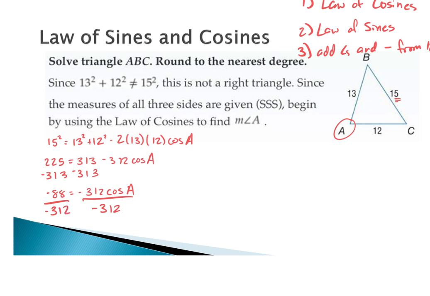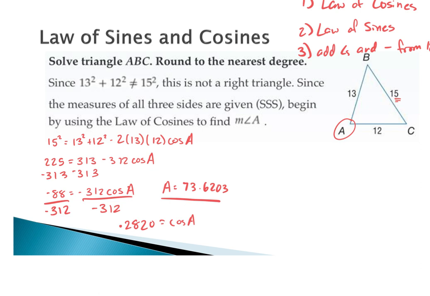And plug that in the calculator. And I have the decimal of 0.2820, which is in between 1 and negative 1, so that I'm guaranteed. And A is going to be 73.6203. Remember, go all the way out to the 4th decimal place while we're still working.